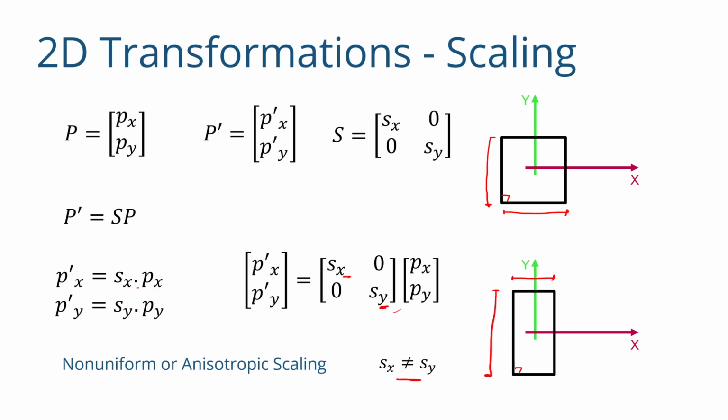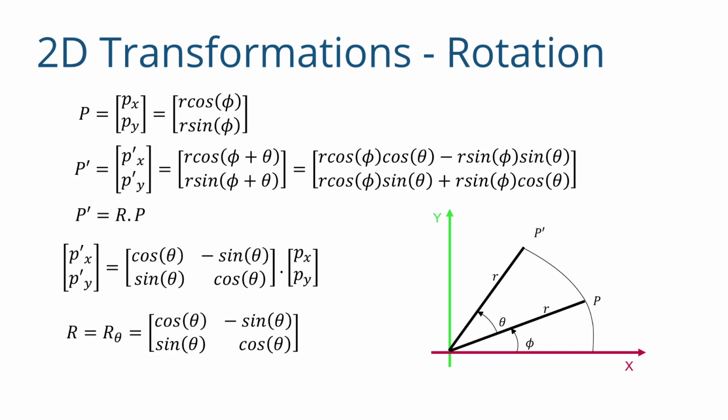The reason for that is the way in which matrix vector multiplication happens. Sx will multiply with Px, and Sy will multiply with Py to get P prime x and P prime y. So this is scaling. The next most common transform is rotation.